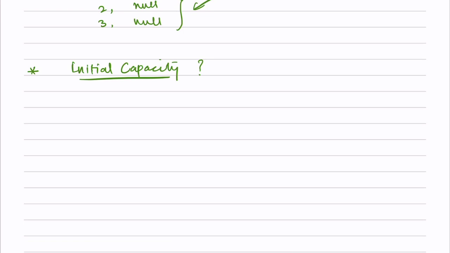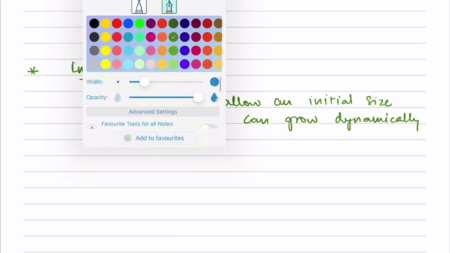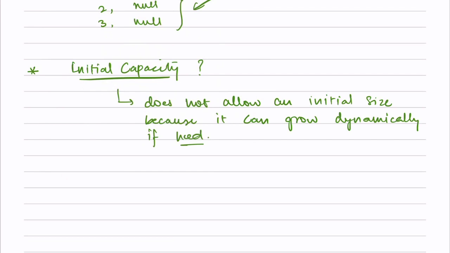And as long as you have memory in your system, you can create a node. So it does not allow an initial size or initial capacity, because it can grow dynamically if needed. So you don't need to have the capacity here.